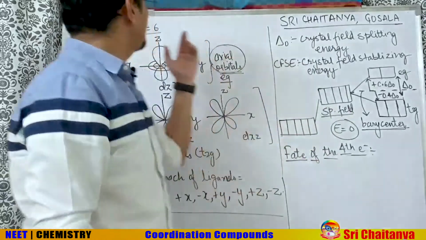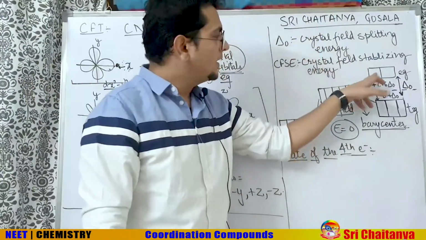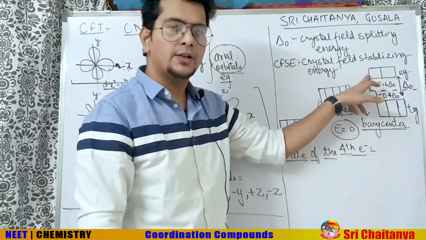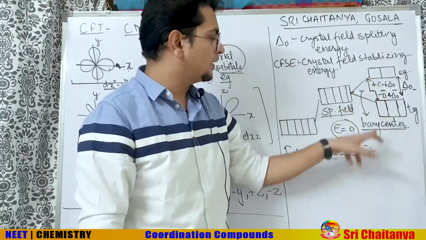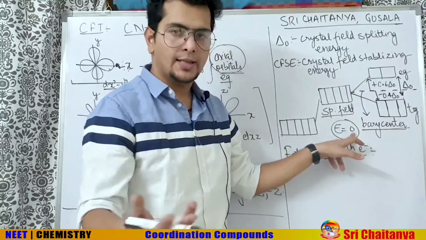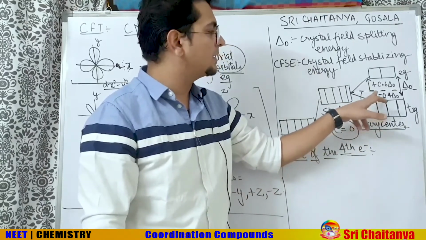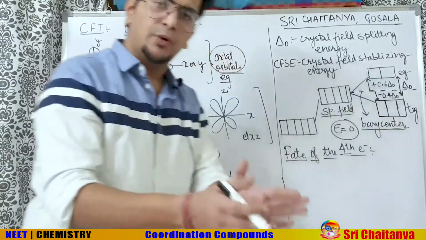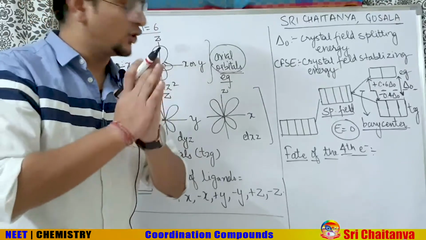So right now we are talking about coordination number 6, so I am writing delta O here. Eg will have plus 0.6 delta O of energy above the barycenter, so positive. Below the barycenter, because barycenter has 0 energy as per our assumption, it will be negative. How much? Minus 0.4 delta O. So T2g has minus 0.4 delta O energy and Eg has plus 0.6 delta O energy.